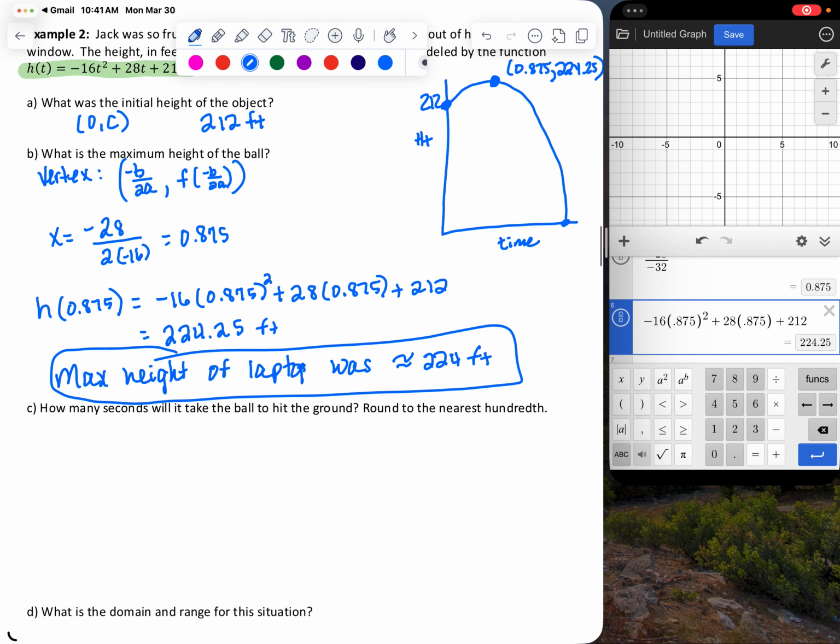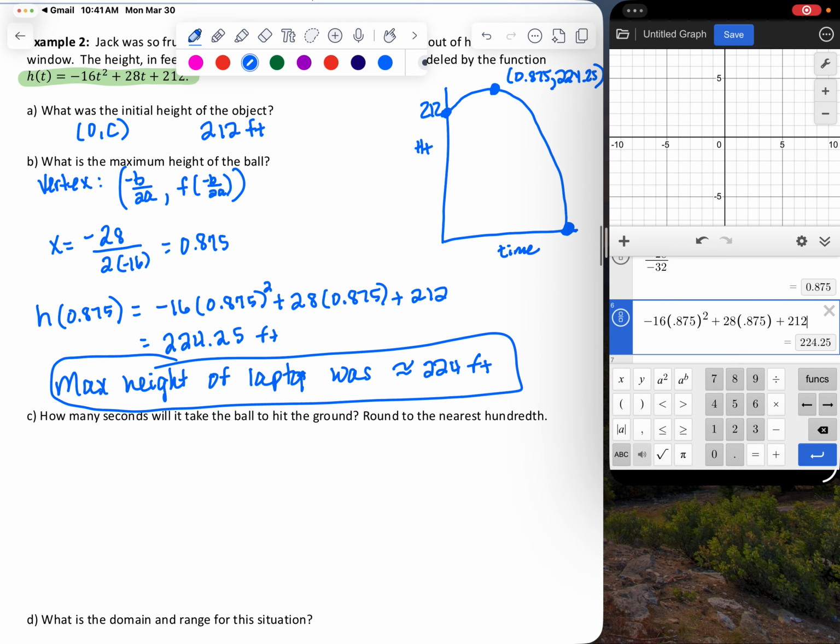Next question, how many seconds will it take to hit the ground? So it's going to hit the ground right here. And to find that, we'll have to find the zero of the function because it's an x-intercept. So we're going to use our quadratic formula.